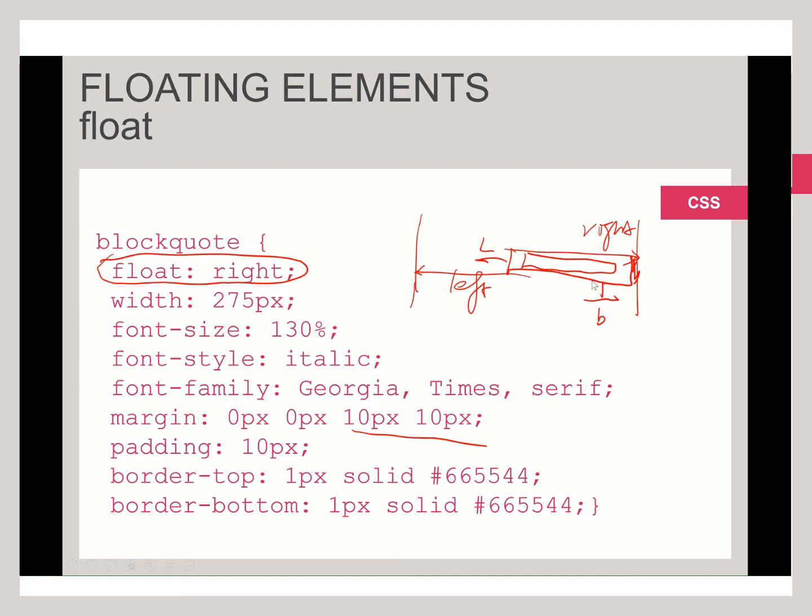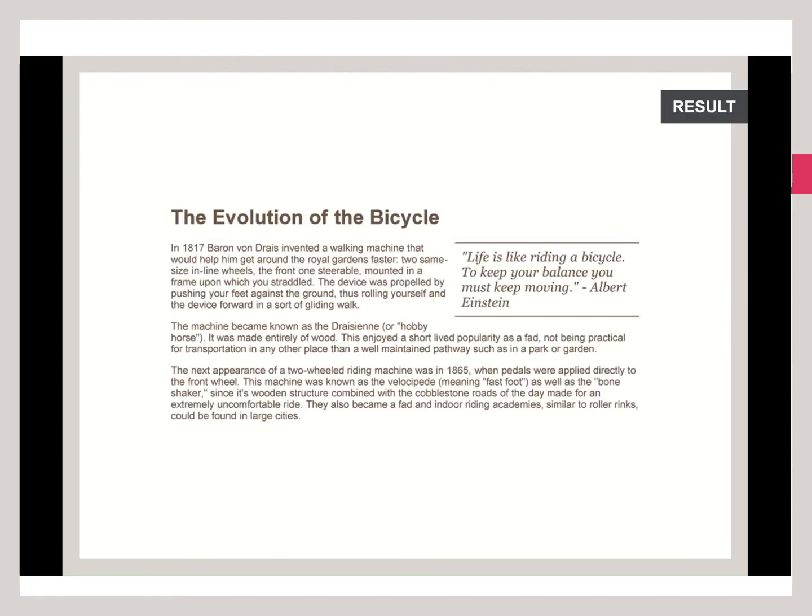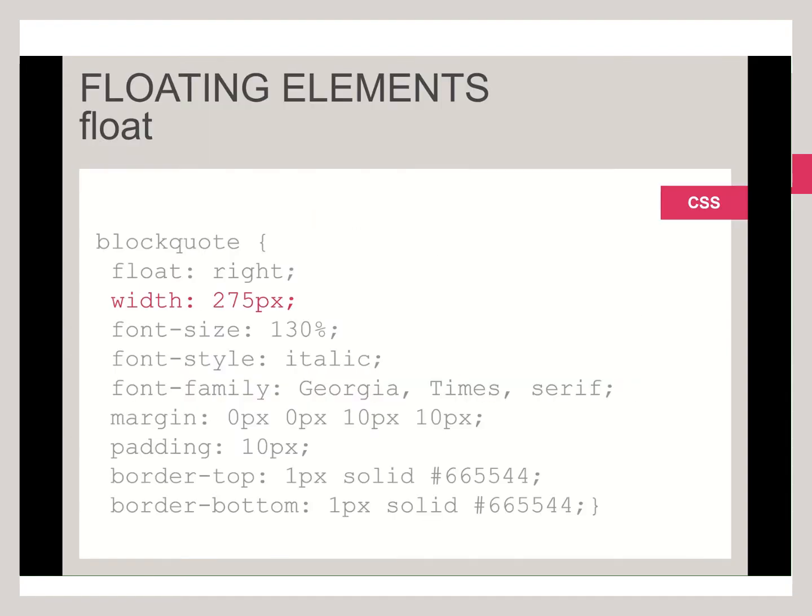So we don't have a border here, don't have a border here, but we have a border here and here. This one is added to the box, so we make the box bigger. And then we highlight this one, float: right, float to the right, and then the width. Why do we want to define its width?